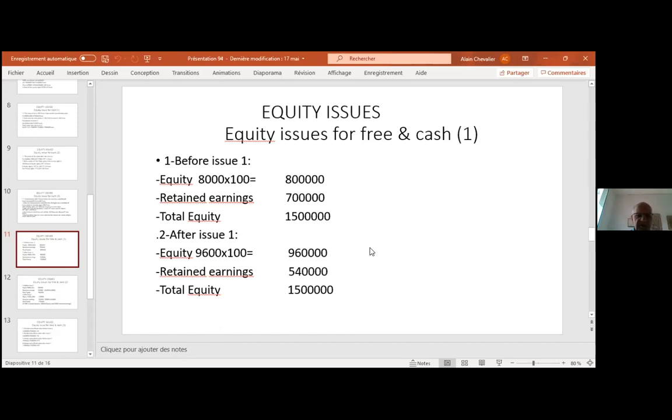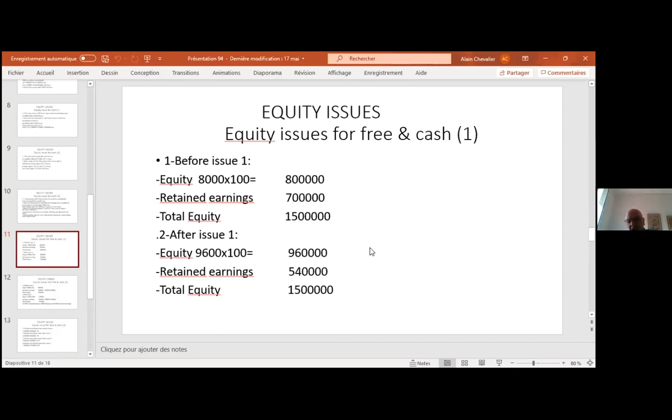So 8,000 multiplied by 100 is 800,000 euros. And as we know, reading question 4, we have 700,000 retained earnings, which is a total equity of 1,500,000 euros. Very easy. And no comment on that.